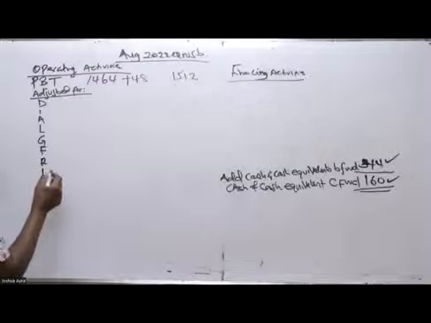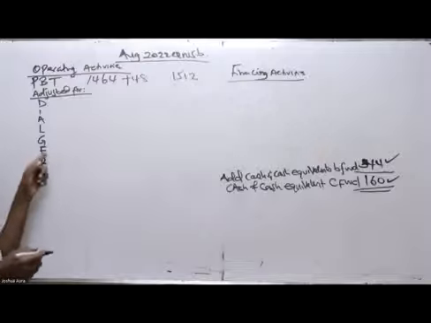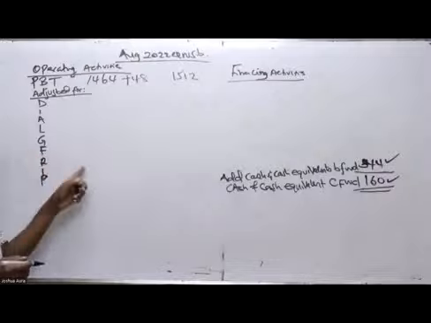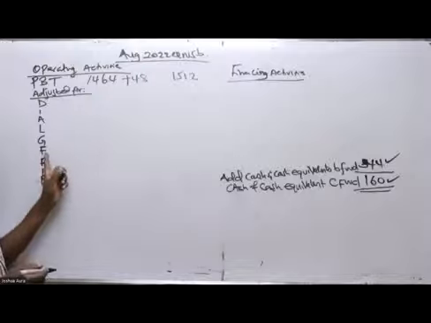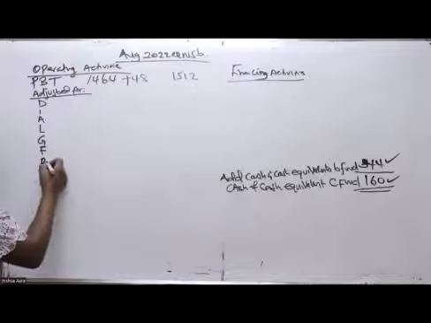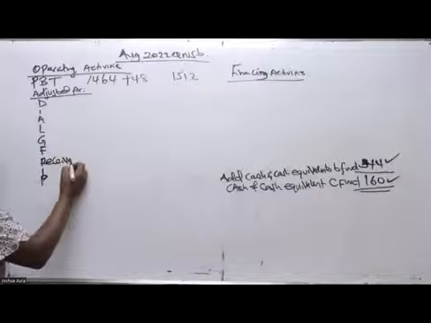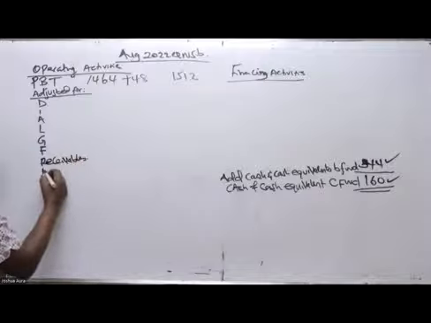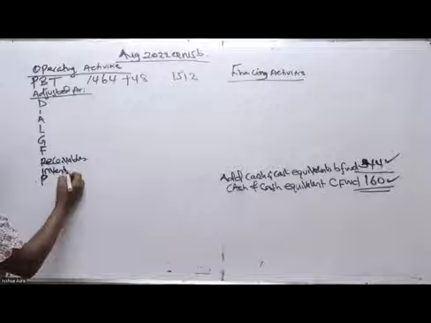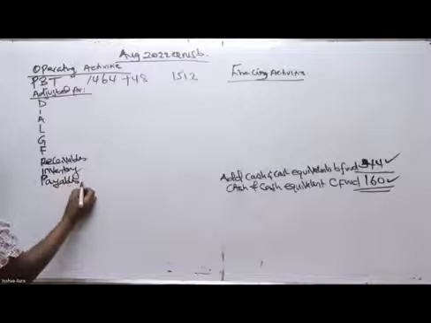So remember, I'll even start from down here. These are the working capital changes, the WC changes. So we have here receivables, inventory, and payables.